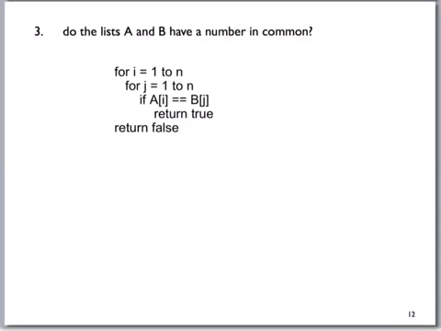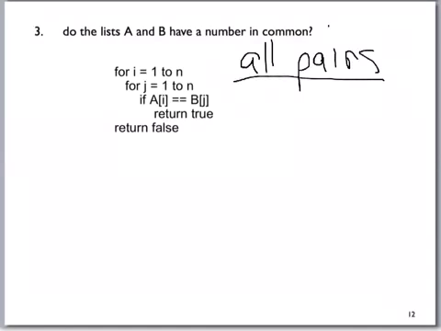In this case, this is a classic example of what's called looking for all pairs, in the sense that we have to compare every possible pair between A and B in order to determine whether they have a number in common. Now, of course, we'll stop as soon as we find that number because that's all we ask. But we do have to look at all of the pairs.